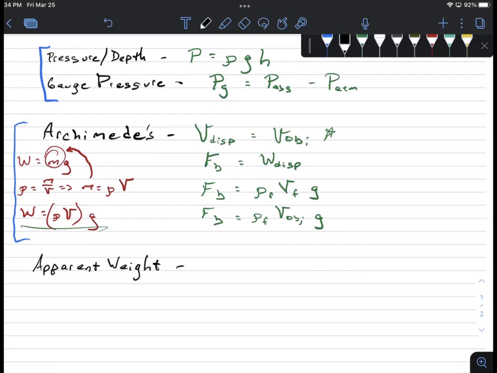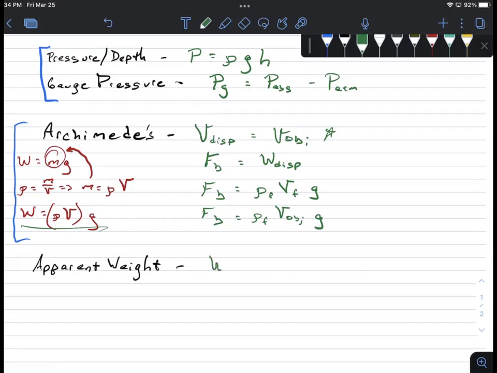It's going to feel lighter. And it'll always feel lighter because there's a buoyant force acting on it. That buoyant force is the force trying to lift up against gravity. So gravity's pulling it down, that's the weight. But if there's another force pushing up, called the buoyant force, then obviously if you measure the weight of that object with this extra force on it, it's going to feel lighter.